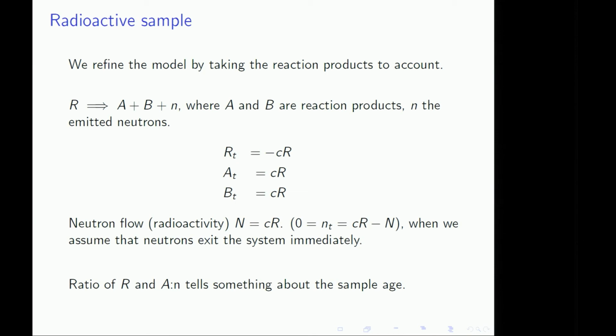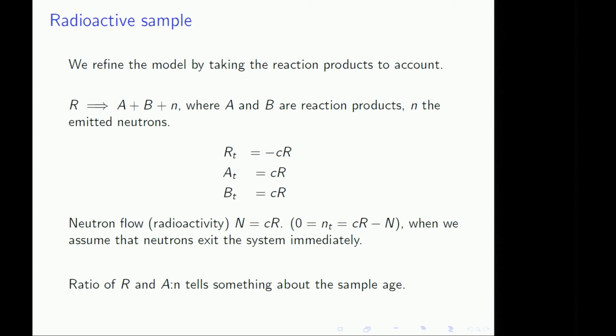And this reaction also produces neutrons. So we have a neutron flow, which is the actual measured radioactivity, which is also proportional to the rate of transition of R to A and B. The system, we think, will not be able to capture a significant amount of neutrons, so the neutron level within the system is constant.